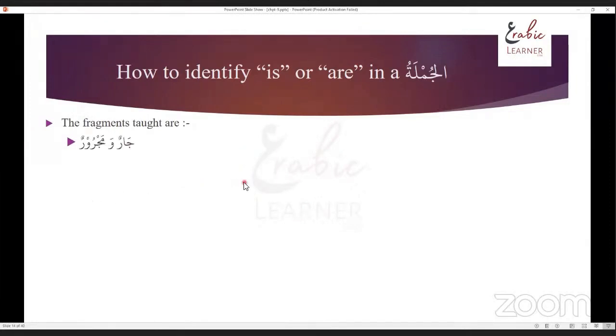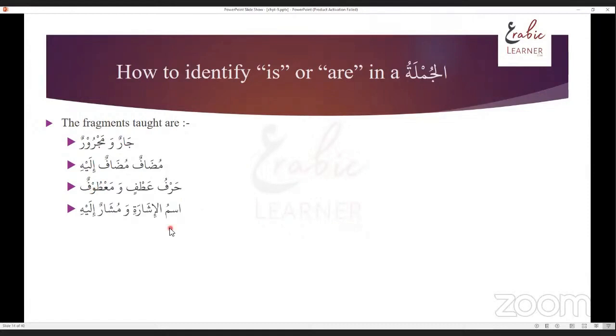Murakkab. One murakkab that you learned was jar majroor. Harfu jar, ism majroor. What is the other kind of murakkab you learned? Mudaf, mudaf ilayh. What is the third kind? Harfu ataf wa ma'tufu. And what is the fourth?